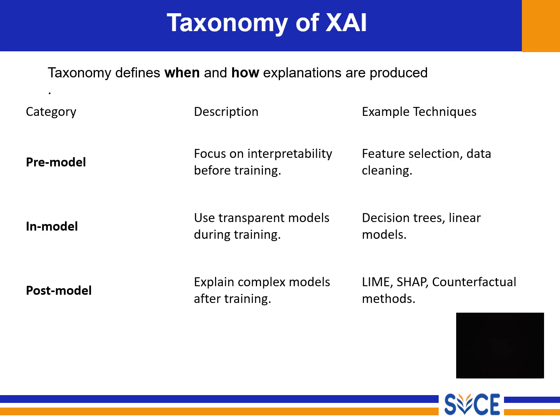The third one is post-model explainability, after training. So this is used when you already have a complex model like a deep neural network, which is a black box. So you can't see inside it. So you apply special tools after the model is built to explain its predictions.